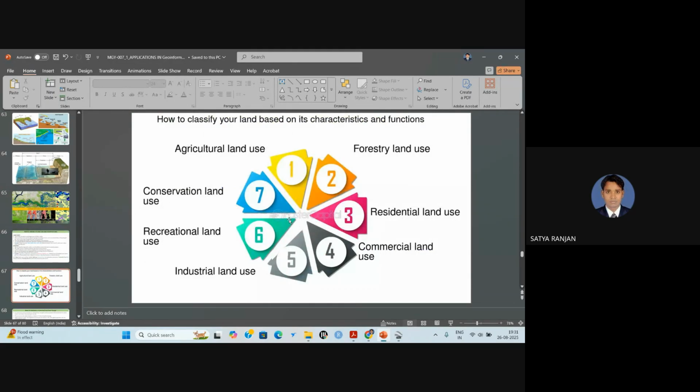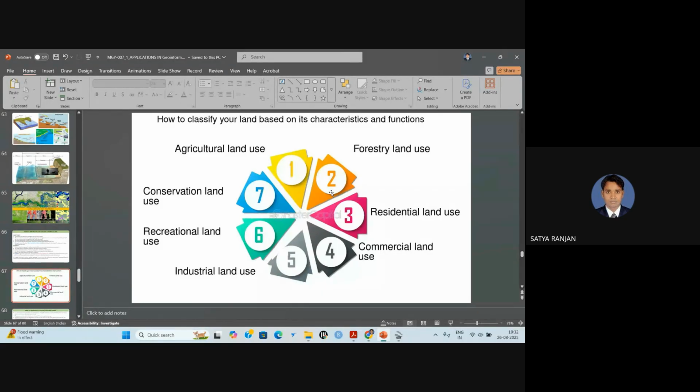Different classifications are there. For forest areas, a lot of classifications are there, and residential also. For forest, there are reserve forest, urban forest, degraded forest, scrub forest, and protected forest. So different classifications from land use classes we can use.